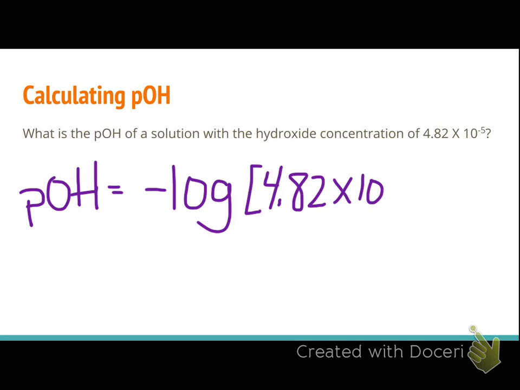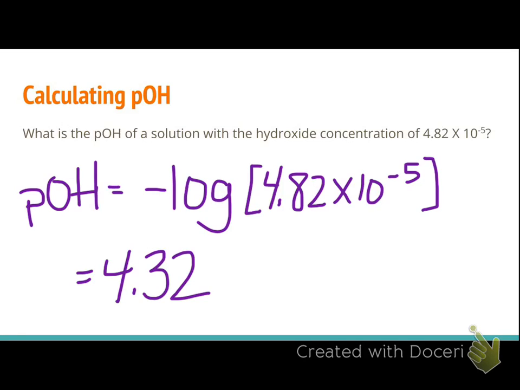So plugging that in, is going to give me a value of 4.3, we'll round that to 4.32. So remember, this is your pOH, not your pH.